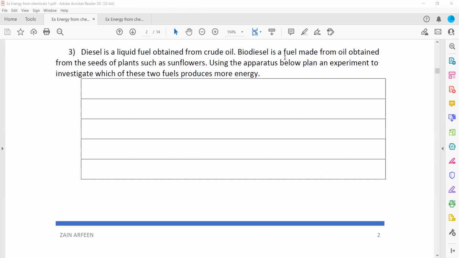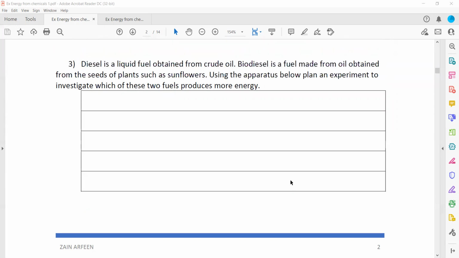Biodiesel is a fuel made from the oil obtained from seeds such as sunflower. Using the apparatus, plan an investigation to find which of the two fuels produces the most energy. So it's a similar experiment. First I will draw and explain, and then I will write.